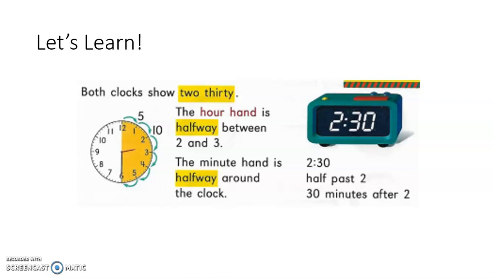And the minute hand, the big hand, is halfway around the clock. That means it's made its way halfway around the clock. See that yellow part? Yes, it's halfway around the clock, which means it stopped on the 30. Okay, remember we're counting by 5s. This is very important. I know this can get confusing. The minute hand tries to confuse us a little bit.